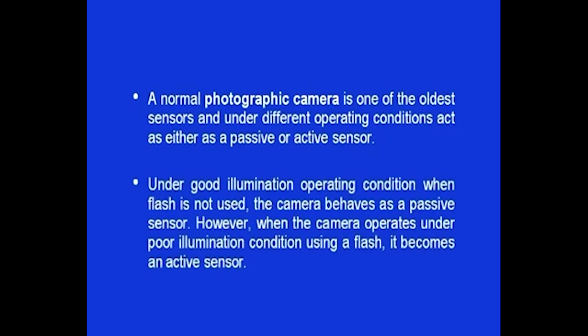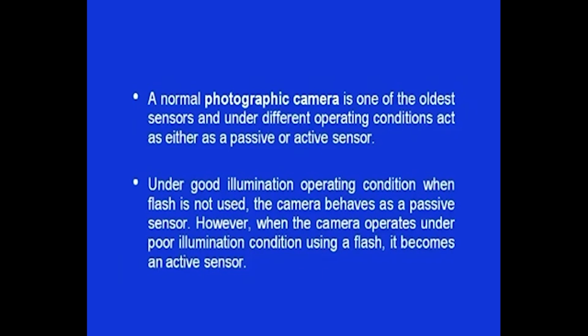Let us look at the example of our normal photographic camera. The normal photographic camera is one of the oldest sensors and, under different operating conditions, acts as a passive or active sensor. Under good illumination conditions, when the flash is not used, the camera behaves as a passive sensor.